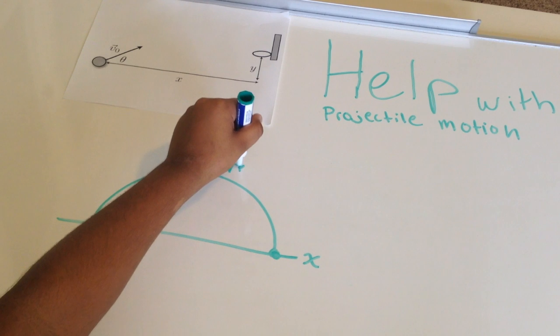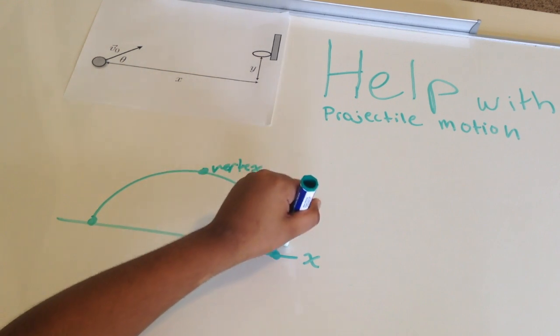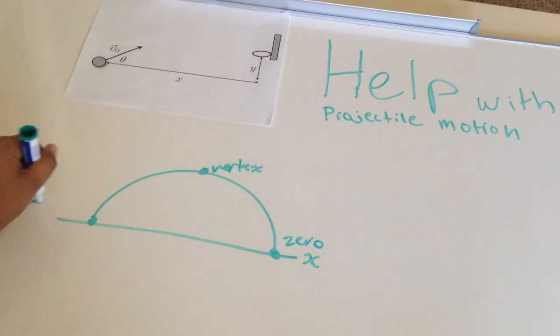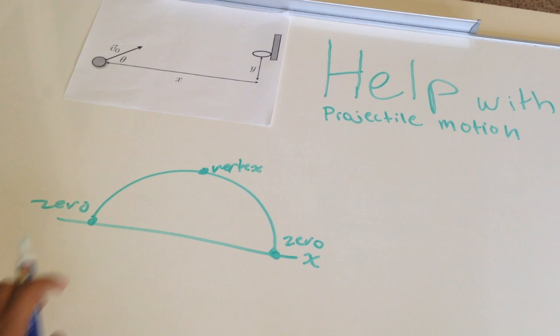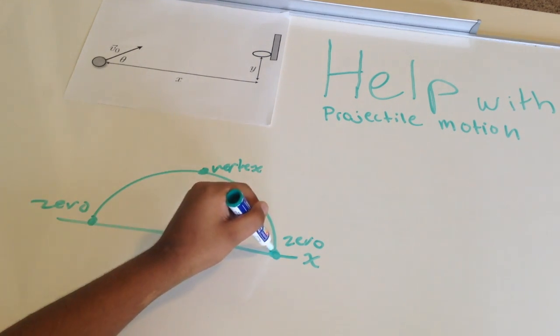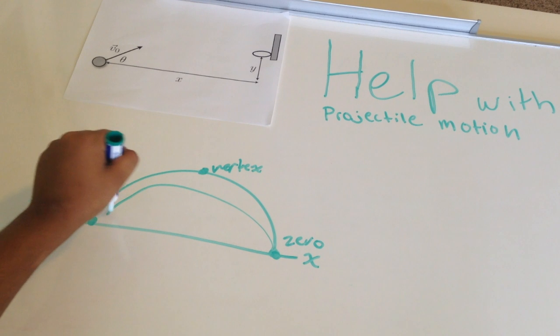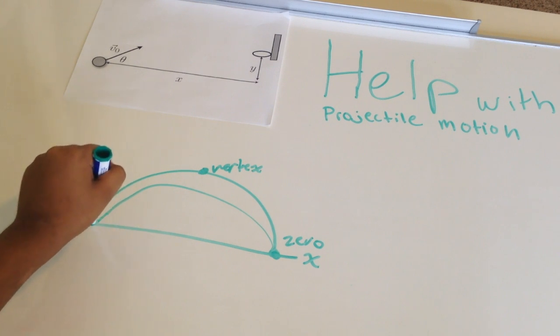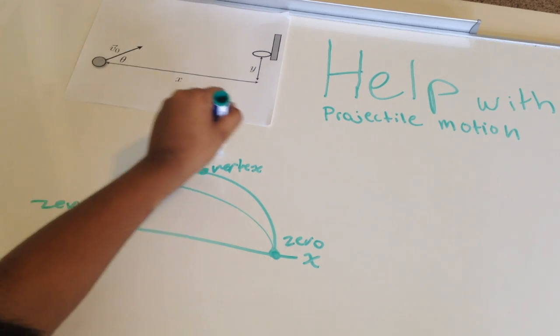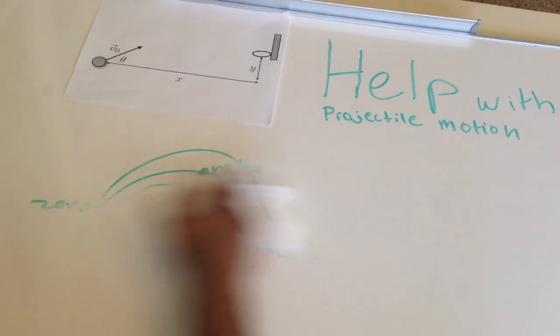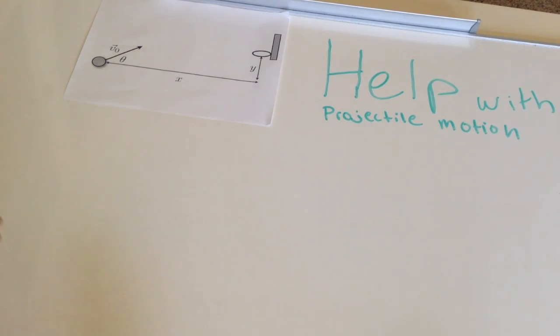In projectile motion, the projectile will always follow this curved line, which is called a parabola. This curved line can be like this. It can have different angles depending on the variable, like that. That's called a parabola.